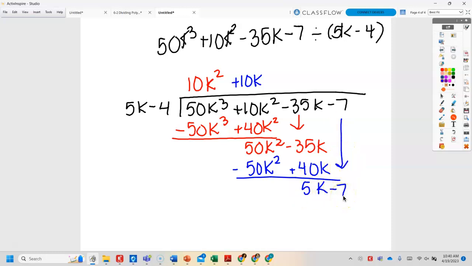Bring down my 7. What do you multiply 5k by to get 5k? 1. We get a remainder of negative 3. That comes back up top.